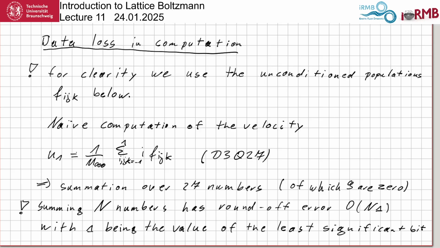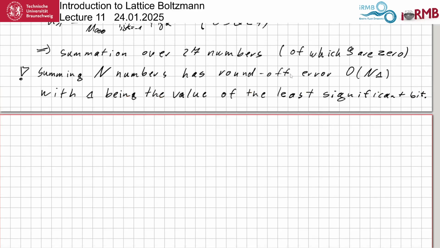So there are methods that are more accurate to do sums. For example, there is the Kahan algorithm. That is the one that does sums with the least amount of round-off errors that you can produce, but this is a very costly algorithm.